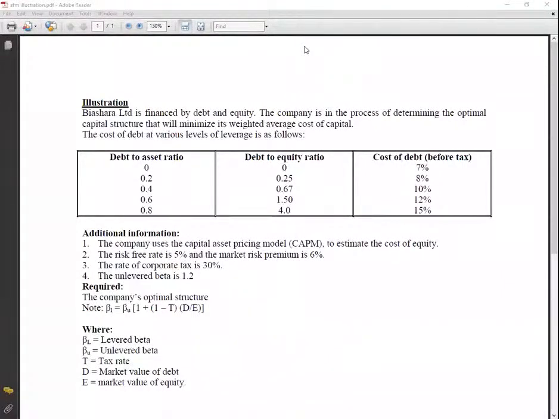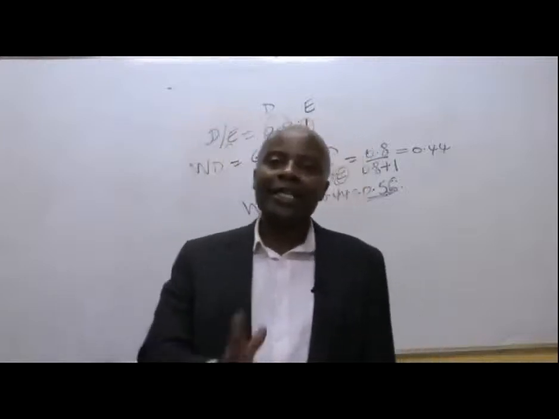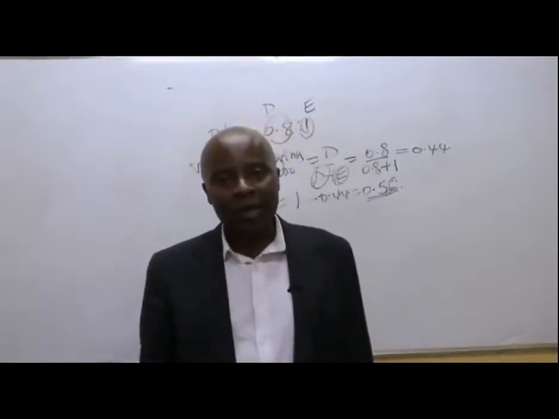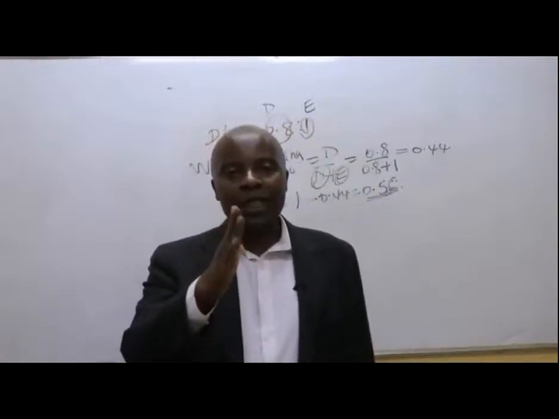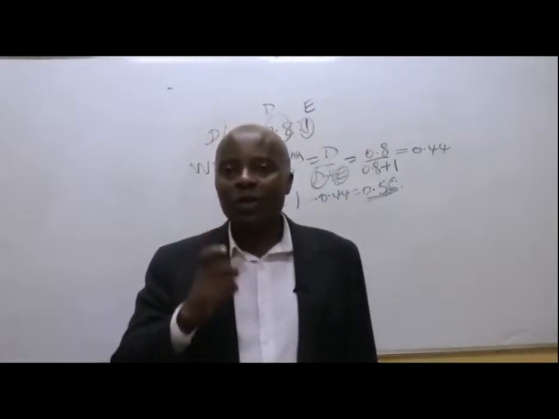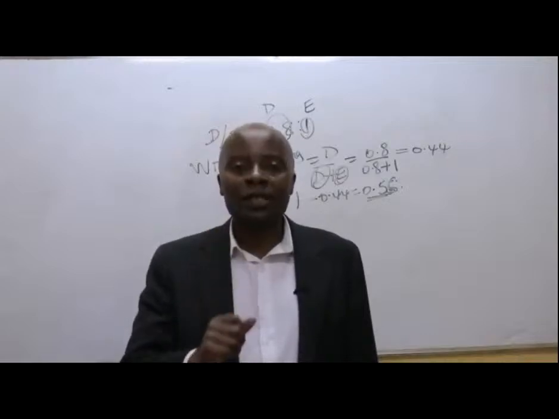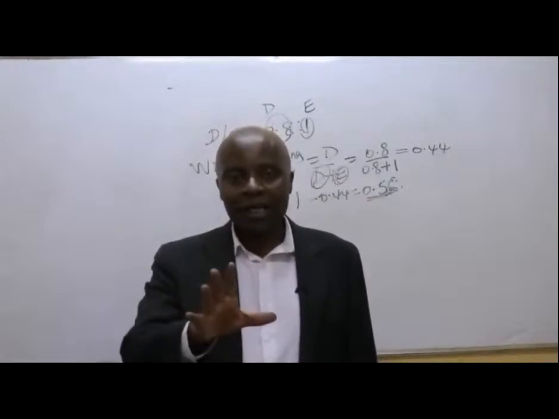Now, ladies and gentlemen, remember, whenever I see in advanced financial management a column of debt to equity ratio, the very first thing that I will do is to come and get the appropriate weights. 3 marks there.